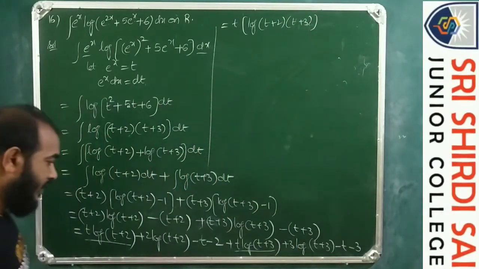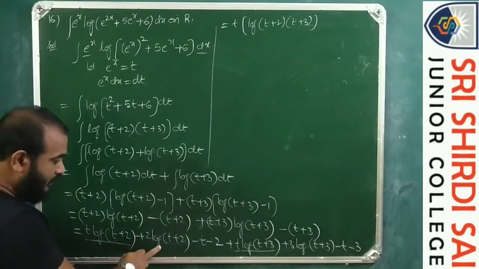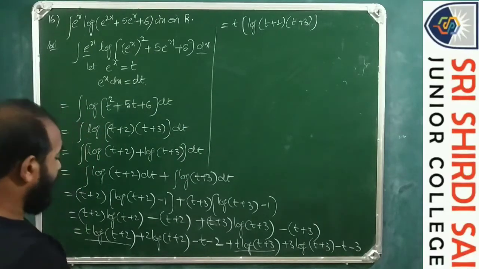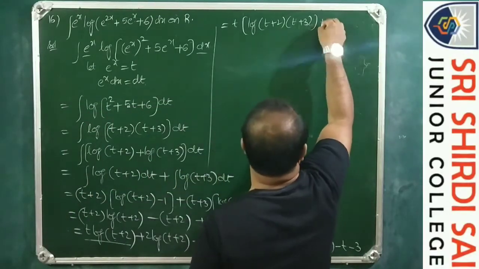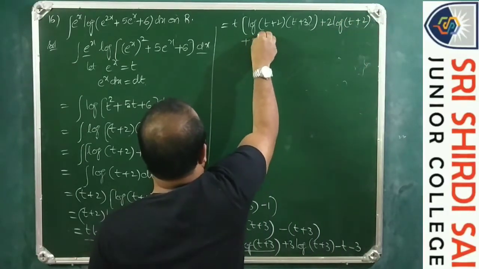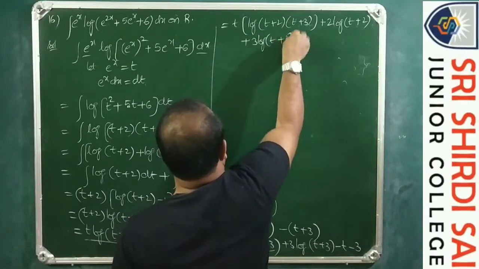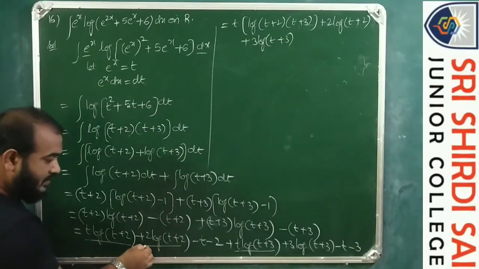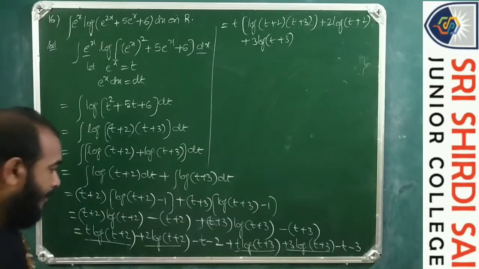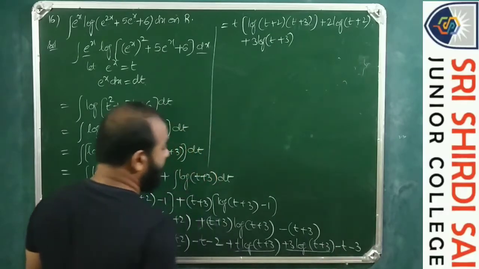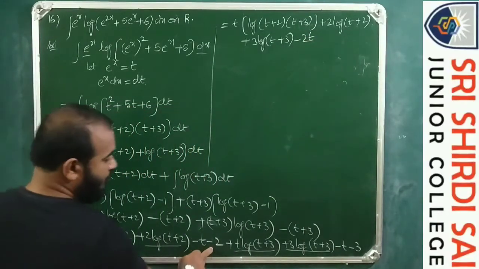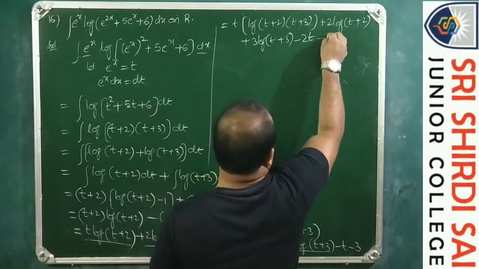Next, here 2 log(t+2) plus 3 log(t+3). So this and this we have written, and minus t is minus 2t, minus 2 minus 3 is minus 5.